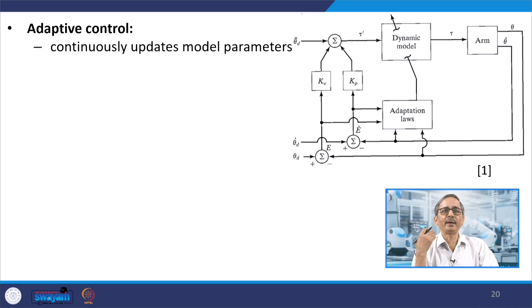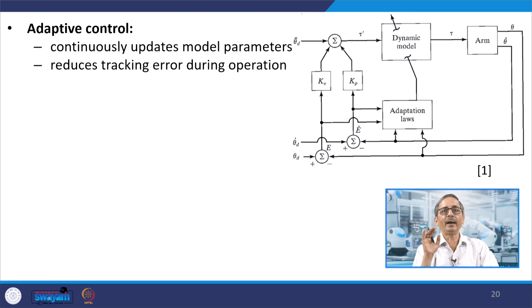So, in adaptive control, what we do is continuously update the model parameters. In the previous case, model based control, we were using fixed model parameters. That problem is now overcome by continuously updating the model parameters and reducing the tracking error during operation.